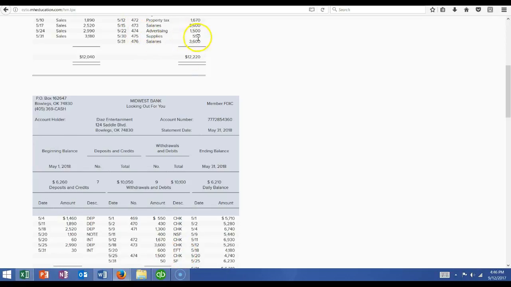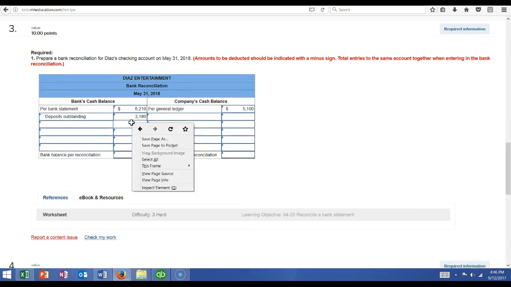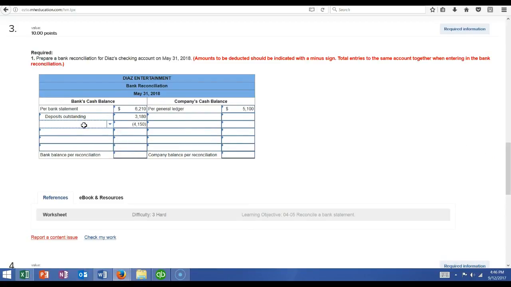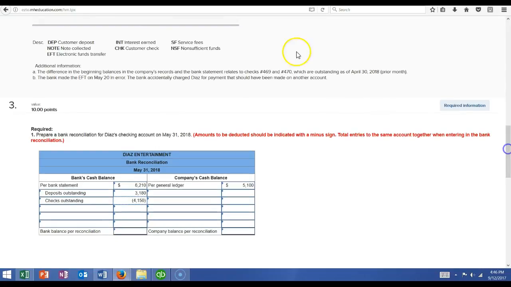So that has not yet cleared the bank. 476 has also not yet cleared the bank. So these two checks have not cleared the bank. So checks outstanding would be the $3,600 and the $550, which is $4,150. Checks outstanding, $4,150.